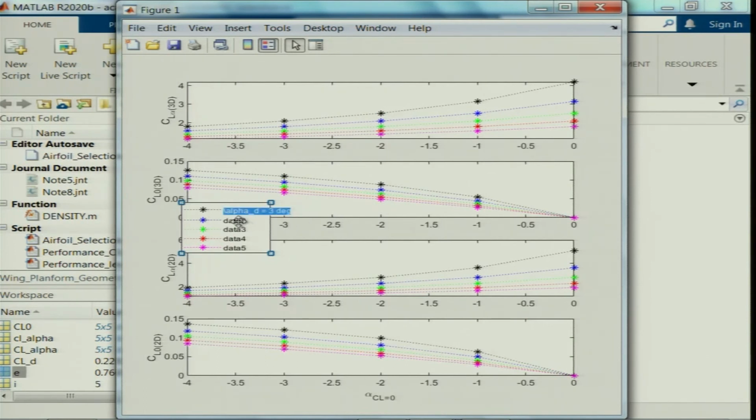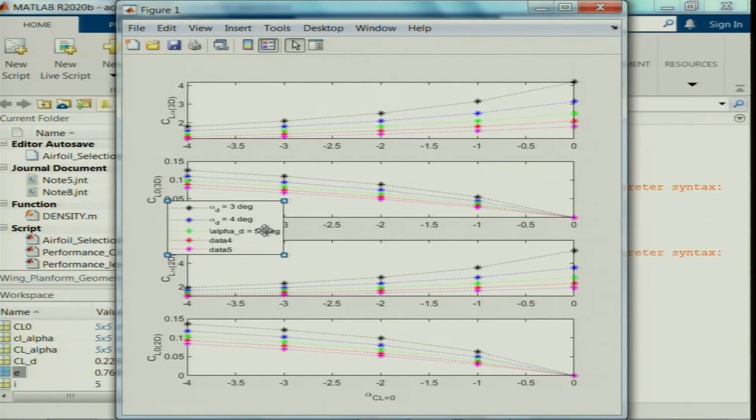The second one corresponds to 4 degrees, the third one corresponds to 5 degrees, otherwise backslash DEG, it works.